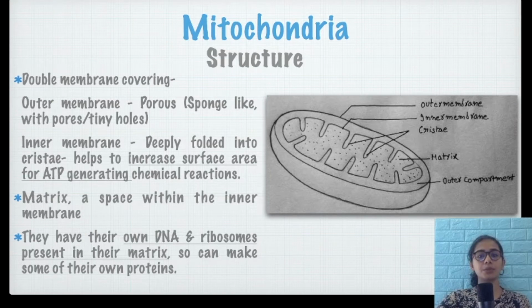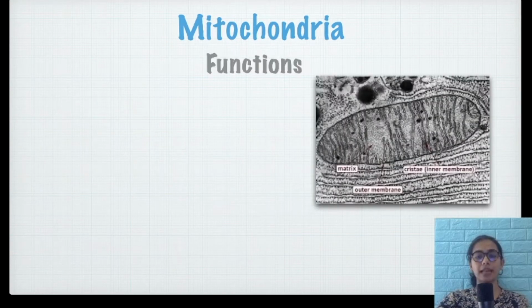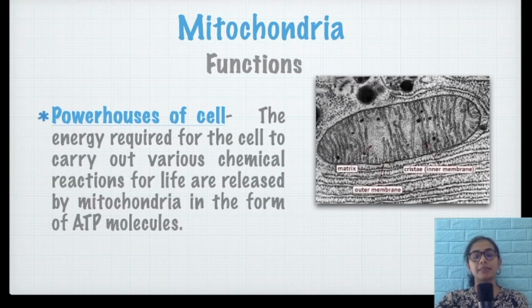Now let's come to its functions. Before that, the picture over here is that of the mitochondrion under the electron microscope. Over here also you can see very clearly the matrix, the outer membrane and the cristae. Right? You can make it out. So now let's look at the functions of mitochondria.